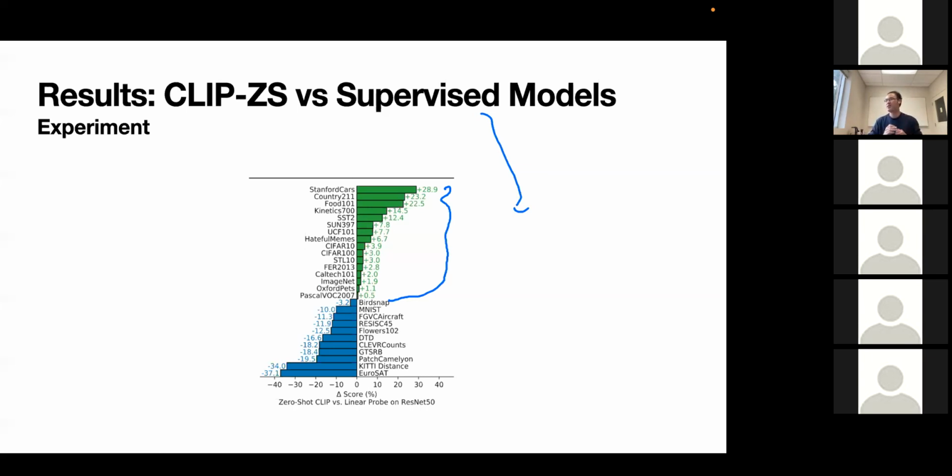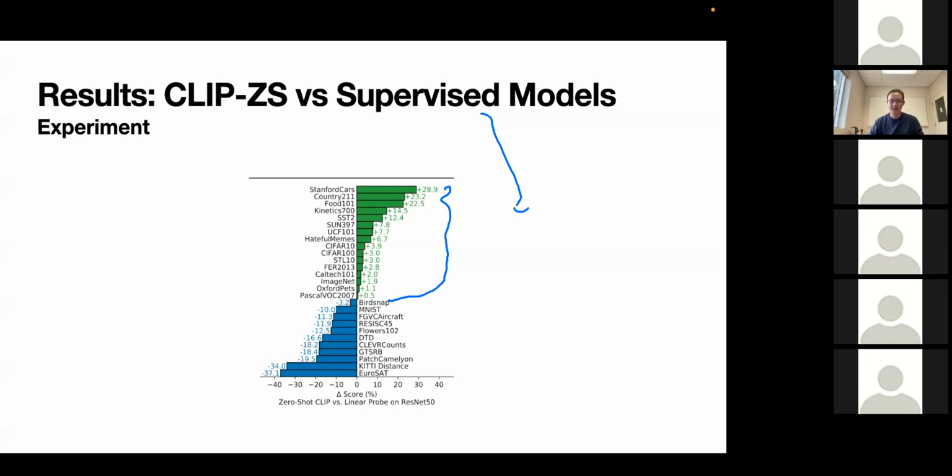Although the data set is really big, it is quite general, so it cannot catch the characteristics of a specific data set. So if CLIP zero-shot can outperform some supervised models, it indicates this model can be used in many areas and generalized to many different domains. This is the logic of the authors in comparing against some supervised models.